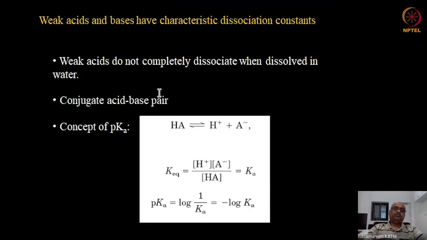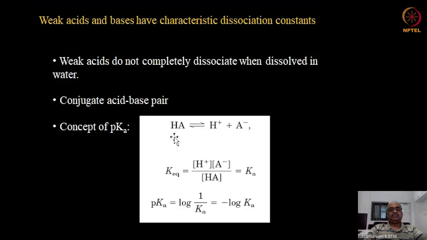The main point is this acid can donate a proton, and the resulting base, this A minus, is a base because it can accept a proton in the reverse reaction.